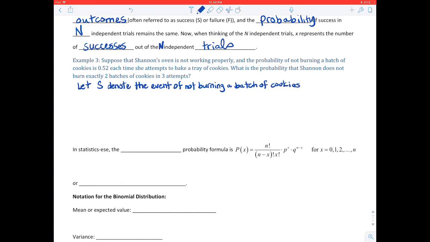And of course, F would represent the event of burning a batch of cookies.